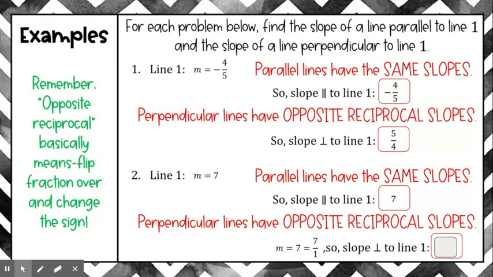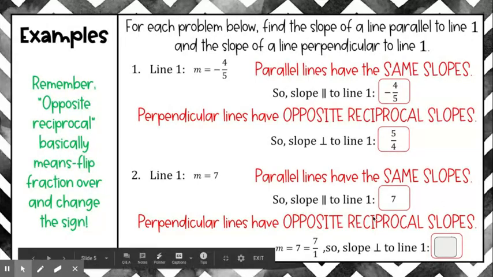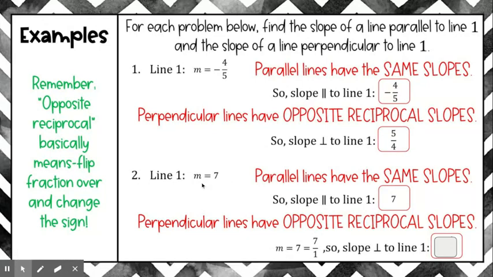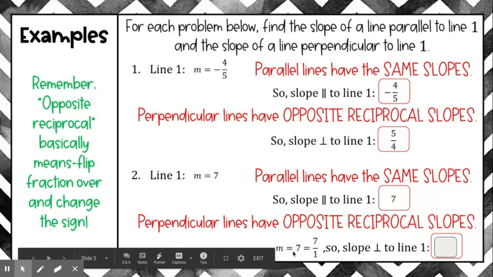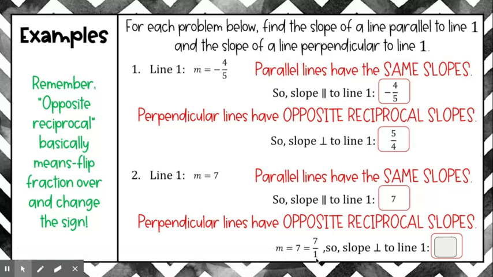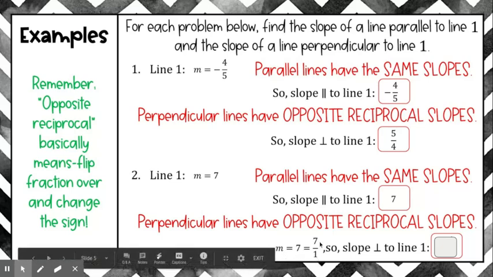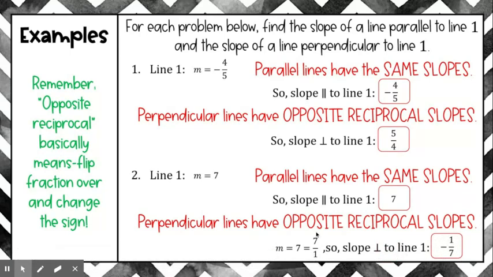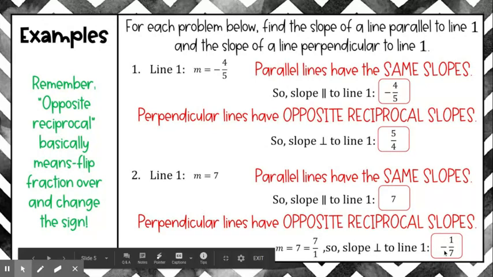If we want to find the perpendicular slope, remember, if our slope is 7, that's like saying 7/1. So we're going to flip it and change the sign. It's a positive 7/1, so we're going to get -1/7. We flip the fraction and change the sign.